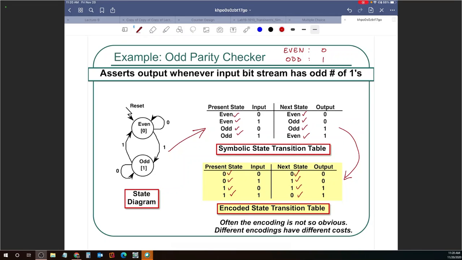You see this, different encodings will have different costs. In other words, it is user dependent. So I could have picked the opposite encoding as well. Questions about the encoded state transition table?